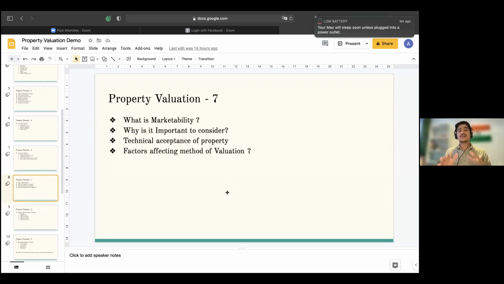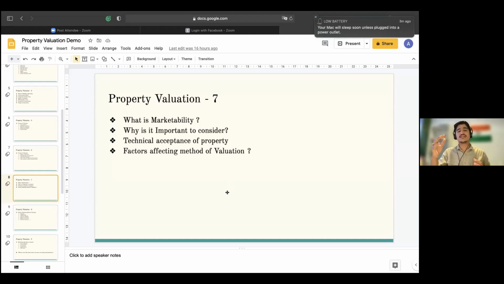There are certain factors which can directly or indirectly affect the property valuation. This is a list which includes society, community, neighborhood, quality of construction, age of construction.